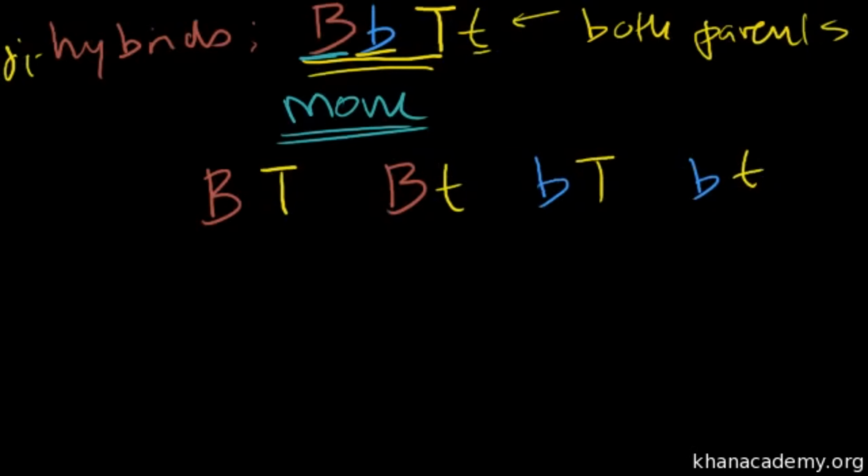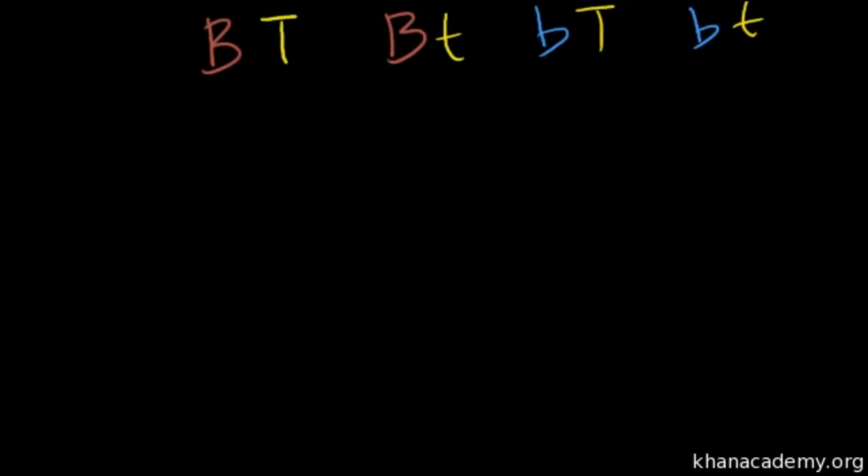So that's for mom. And of course, dad could contribute the same combinations because dad has the same genotype. Let me write that down. I'll write it like this so I don't have to keep switching colors, and I'll make them a little closer together because I'm going to run out of space otherwise.